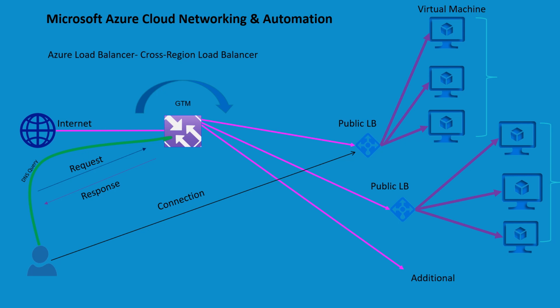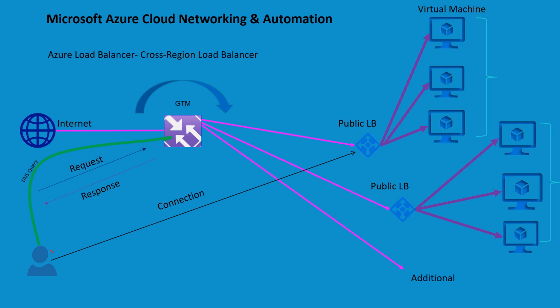There is another solution which exists and which we should know before we deep dive into the cross-region load balancer. So let's talk about Global Traffic Manager, because with Global Traffic Manager you can also achieve the same scenario, where you can do traffic load balancing across multiple regions. So what happens here?